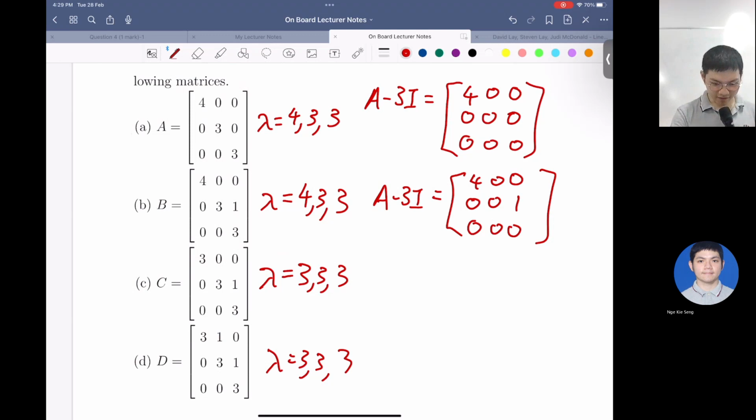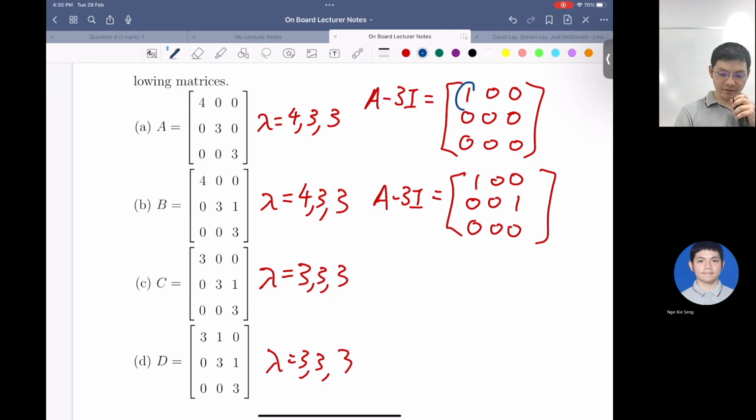Right? Oh, sorry, 1, 0, 0. Oh, the first is 1 also. Okay, good. So you can see that the dimension of the null space changes.